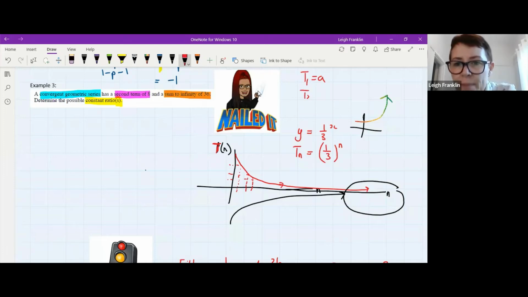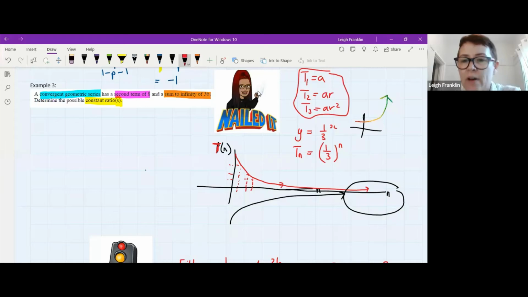But if it's geometric, term 2 is AR, and term 3 is going to be AR squared. So you can see here, we've got AR to the n minus 1. Our exponent is always 1 less than our term number. So that means that we're going to write has a second term of 8 as AR equals 8.